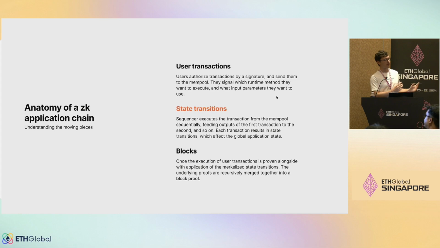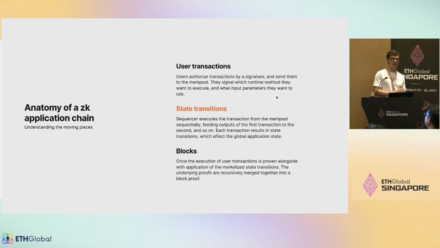Then when a block gets created, a bunch of transactions get collected and executed. As part of that execution, they emit state transitions, which in our model means you have some state that updates from a from value to a to value. All of those state transitions get collected and proven based on a global shared state.